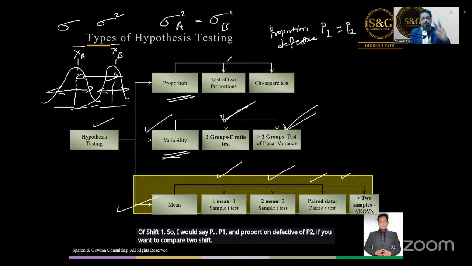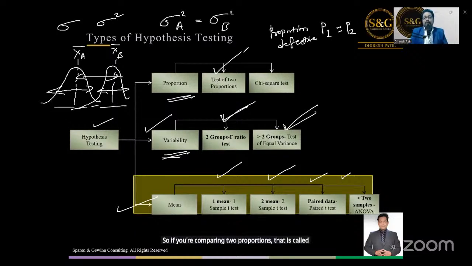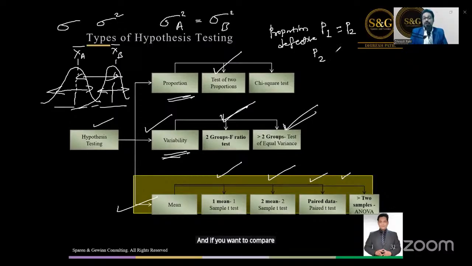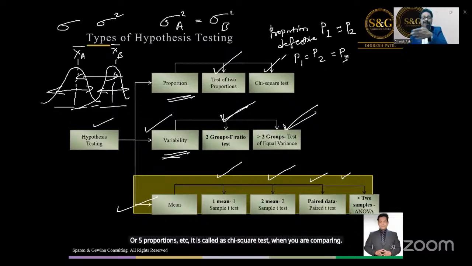If you are comparing 2 proportions, that is called test of 2 proportions. And if you want to compare 3, 4 or 5 proportions, etc., it is called the chi-square test. When you are comparing more than 2 proportions, that is called chi-square test.